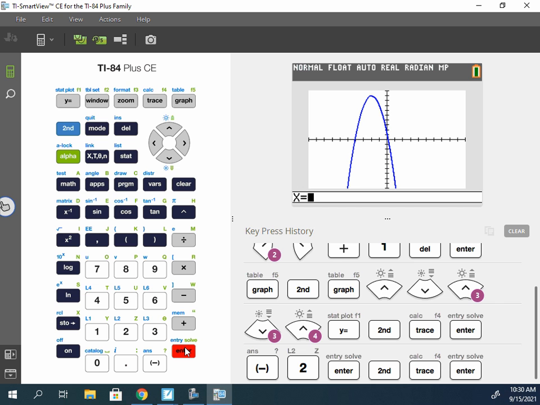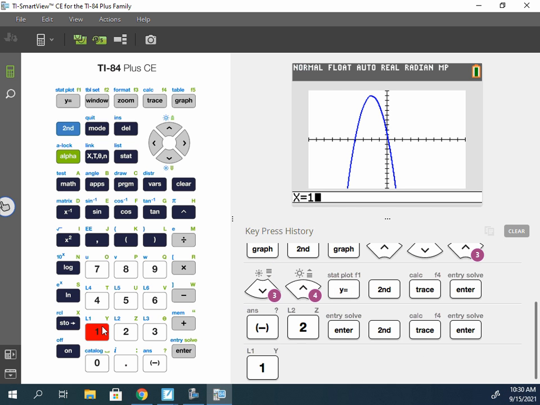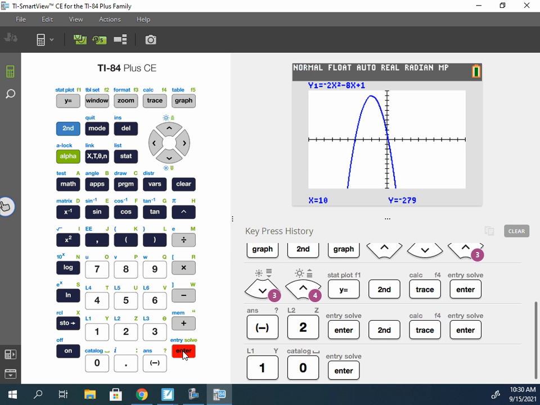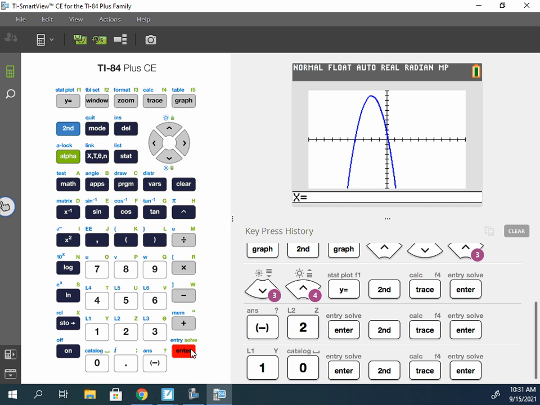I could do that again, say second calculate value. It says given the following function, find the value of y when x is 10. What's the y value? Well, we could have found that with the table, because the table does whole number values, yes?